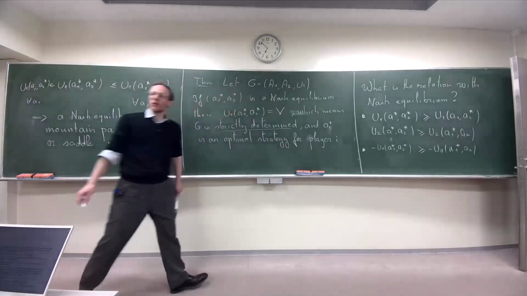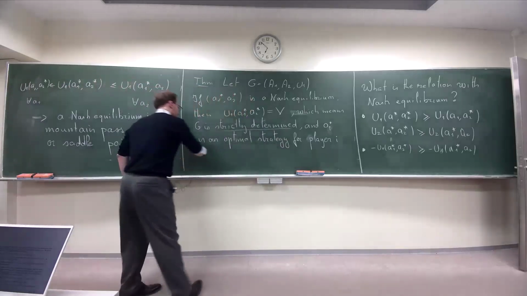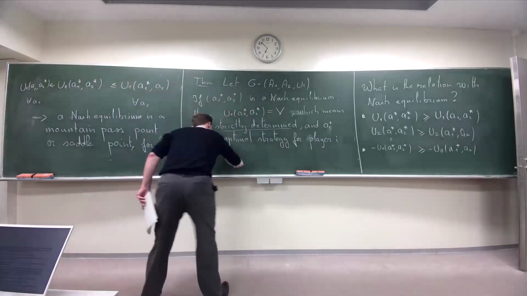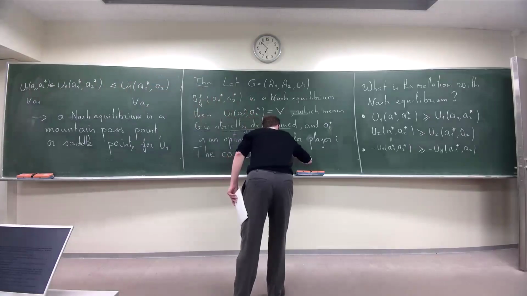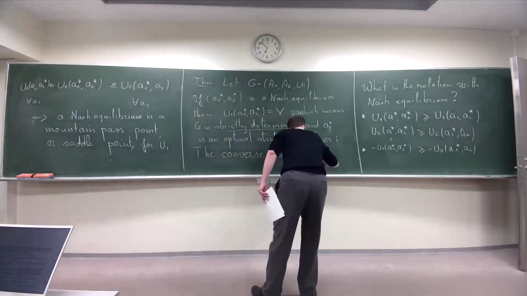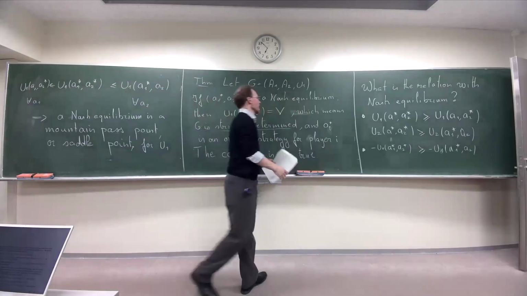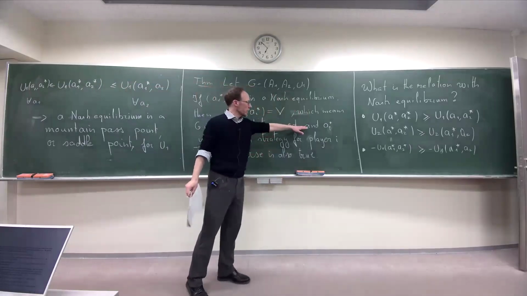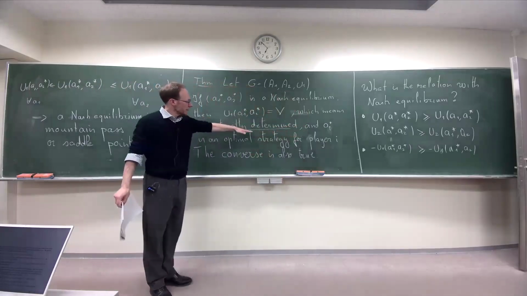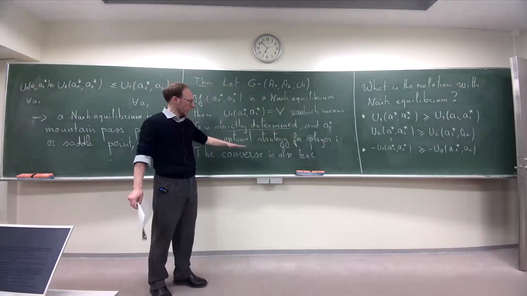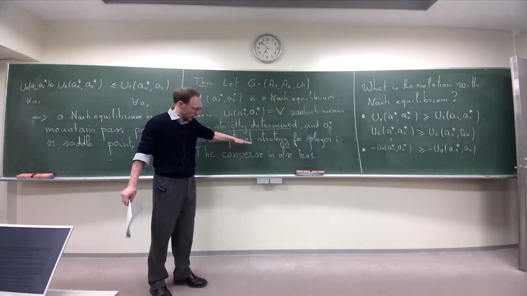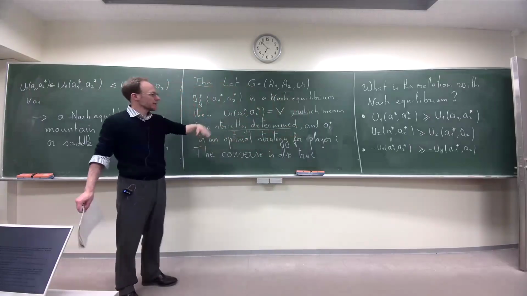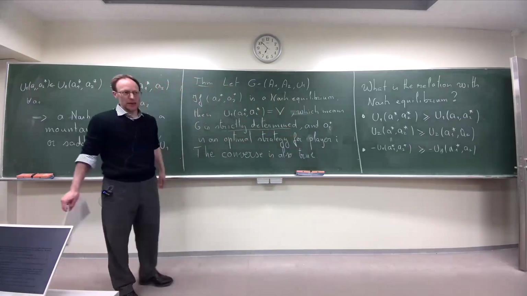And the converse is also true. Try to guess what the converse is. It means if the game is strictly determined and you have two optimal strategies, then this point (A1 star, A2 star) is a Nash equilibrium.